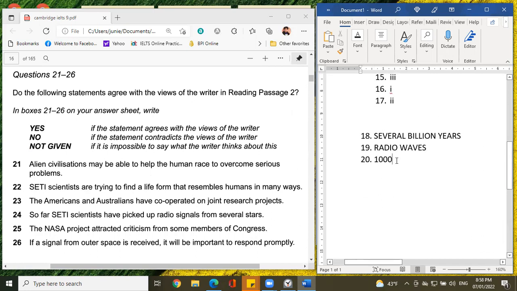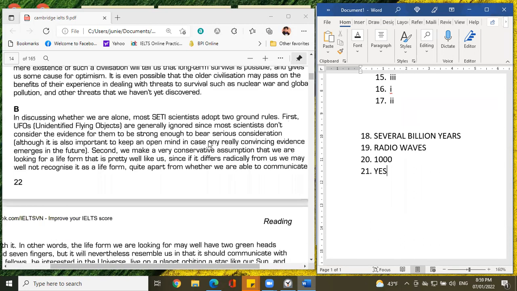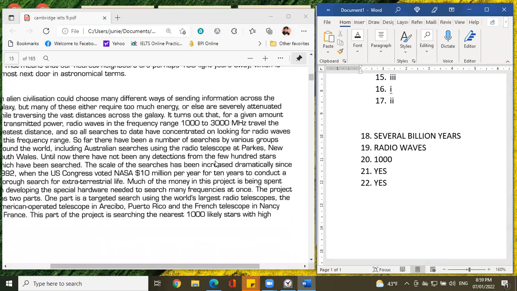Yes, yes, yes. Okay. Then, SETI scientists are trying to find a life form that resembles humans in many ways. Yes din yun. Andito yun. We're looking for a life form that's pretty well like us. Oh, yes! Dalawang yes na yun, guys.